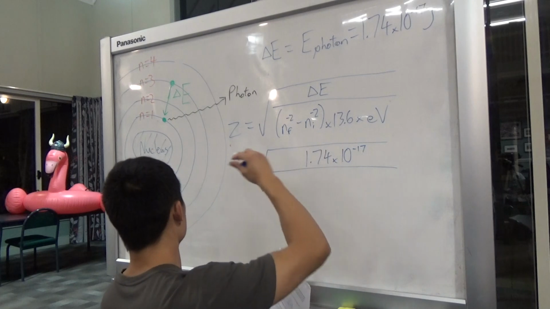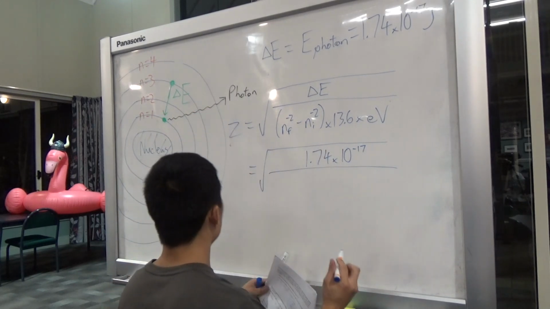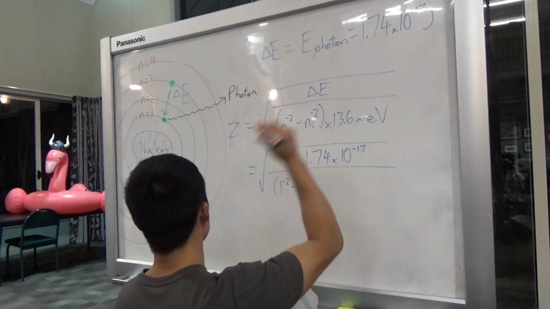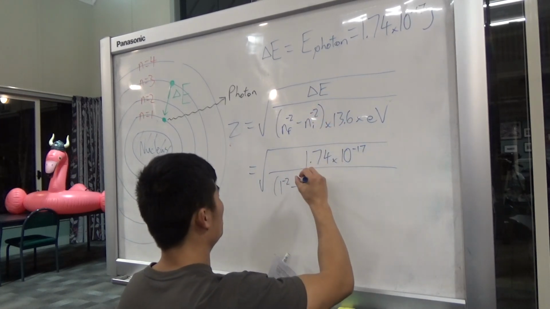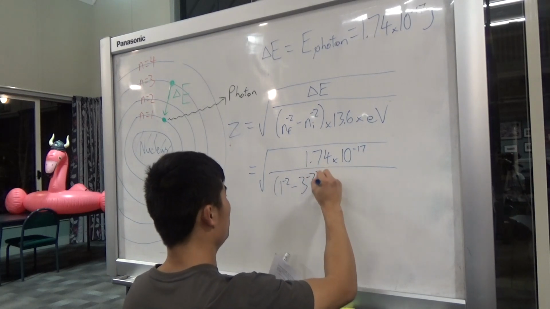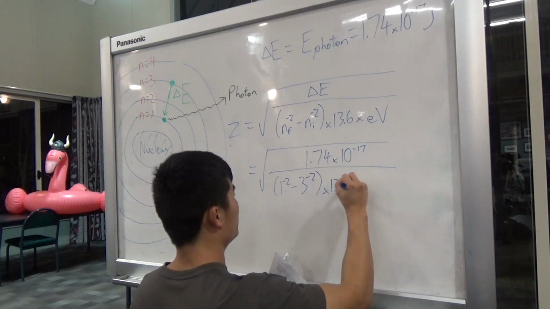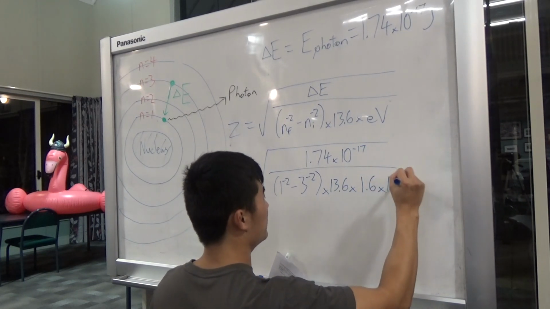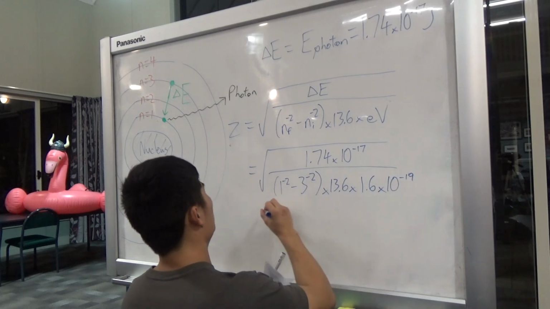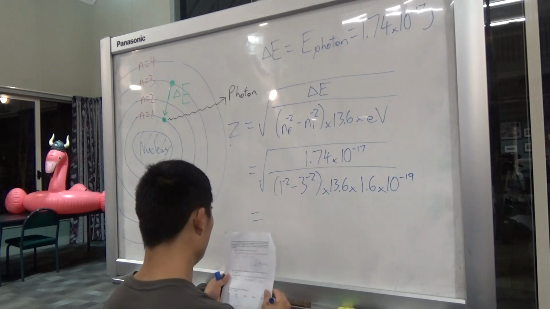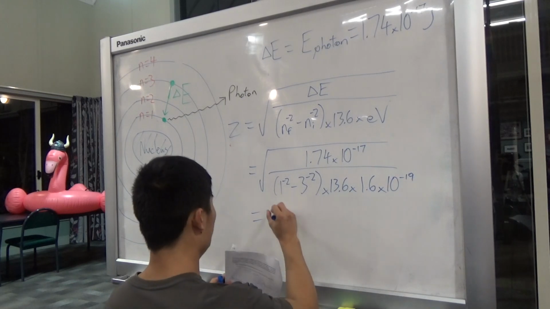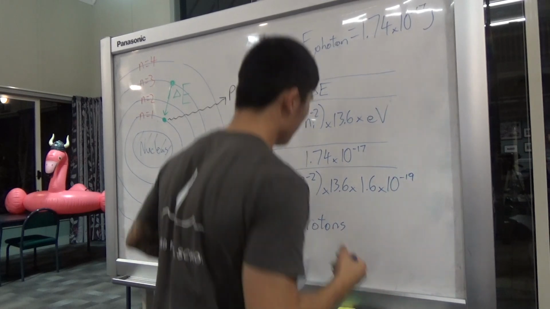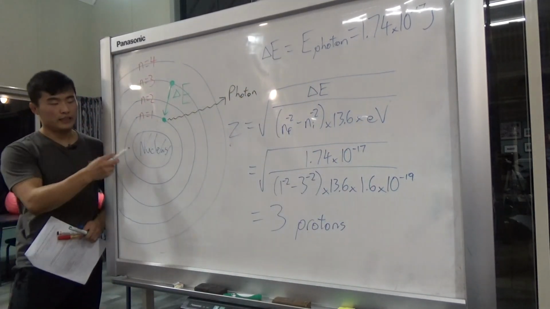Our final orbital level was 1, so 1 to the power of negative 2 minus our initial n, which was 3, so 3 to the negative 2, times 13.6 times our electron volt, which is 1.6 times 10 to the negative 19 joules. So that will give you 3. Okay, so you'll have 3 protons in this nucleus.